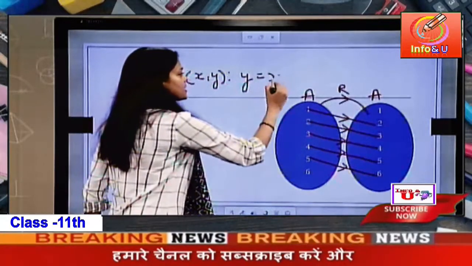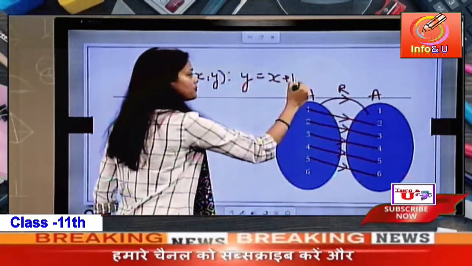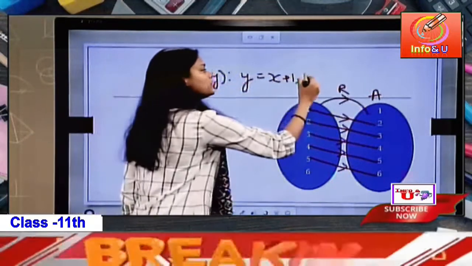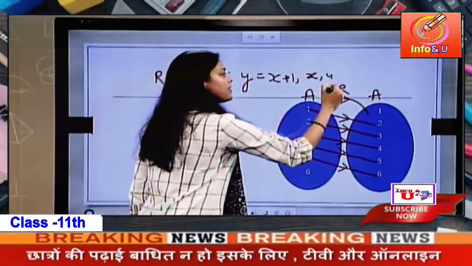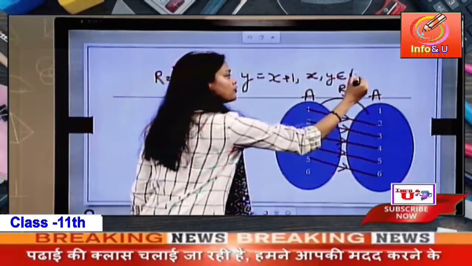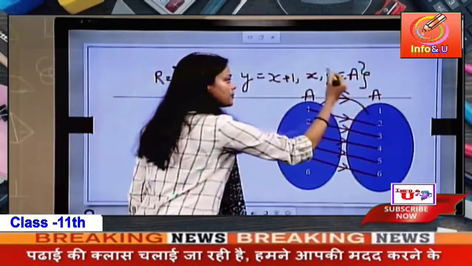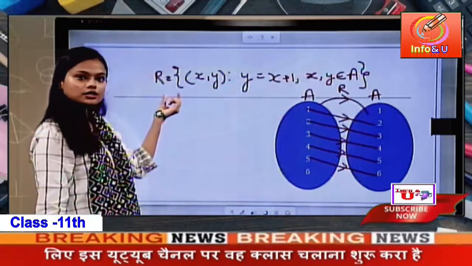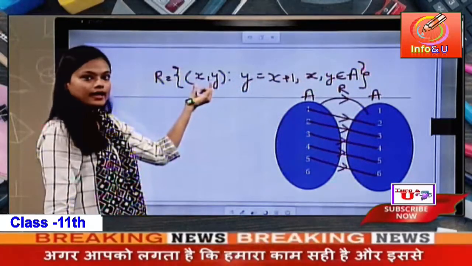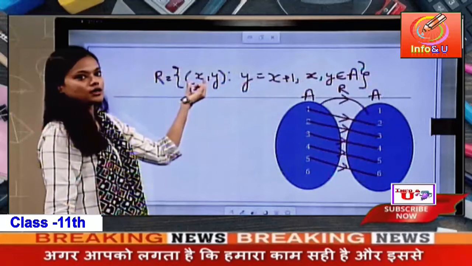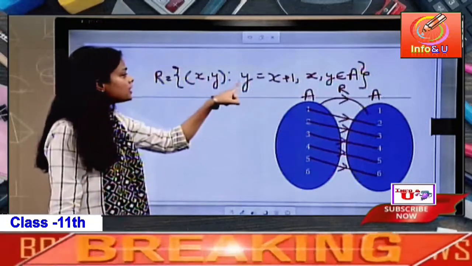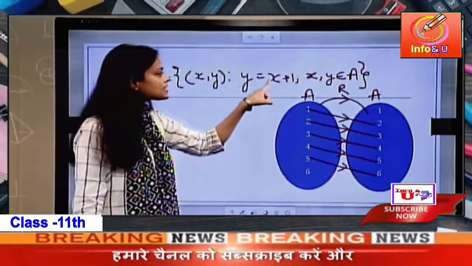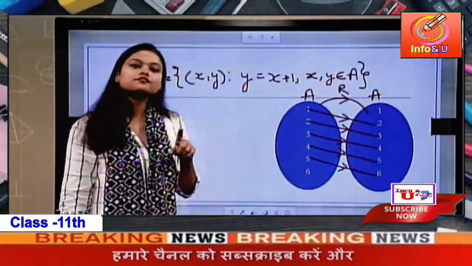So I can write X plus 1. Okay? Where both X and Y are coming from the set A. So we have formed a relation of all those ordered pairs where the second element is a successor of the first element.